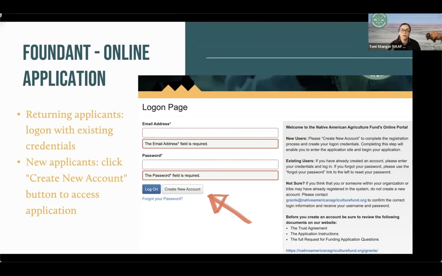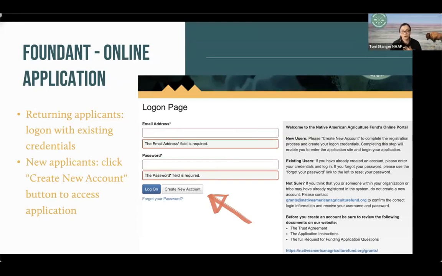Because if you get in here, we're going to ask you for your own personal information. Then we're going to ask you for your institutional information. And if you're not that person, then it turns into multiple applications for the same tribe. And it also kind of gums up our system.